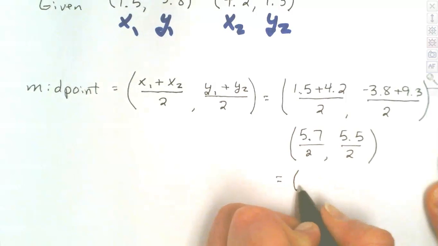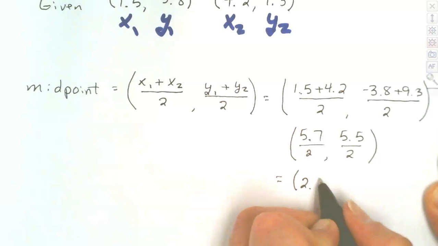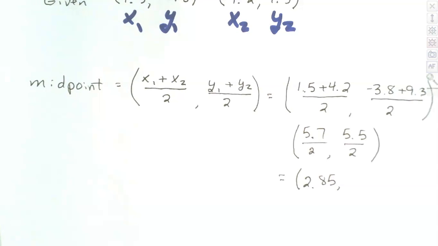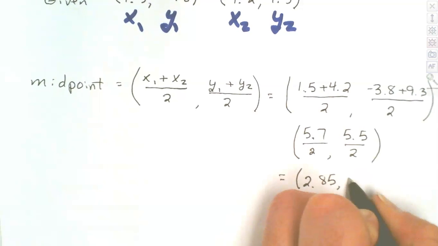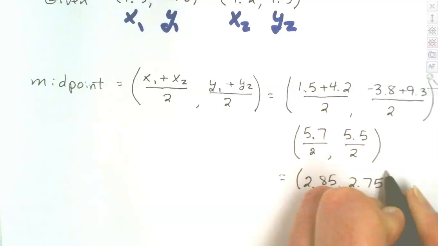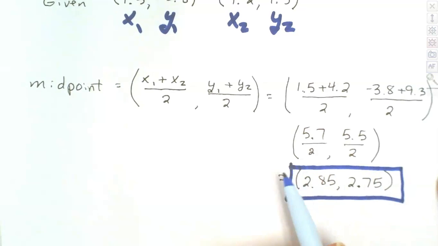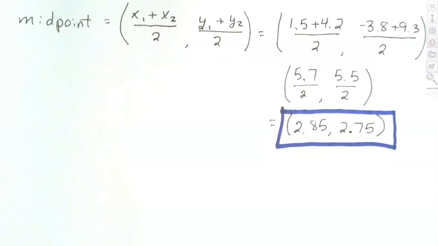We'll break that down into 2.85. And 5.5 divided by 2, well, that's 2.75. So there is your midpoint. And you should already be familiar, hopefully, with this formula from previous courses. But you just simply add the points together and then divide by 2.